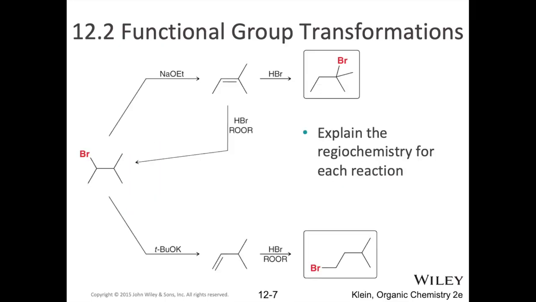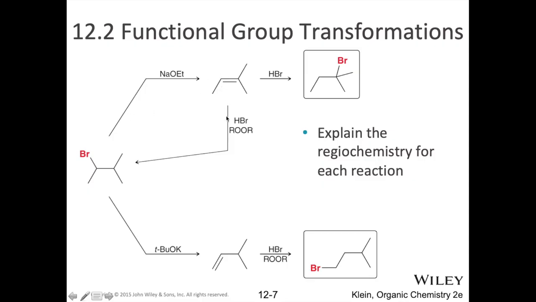So here are the different ways we could go through this problem, starting with this alkyl halide. We could use a small base like sodium methoxide to make the Zaitsev product, and then do a regular Markovnikov addition with HBr, and we would move the bromine to this carbon over here.